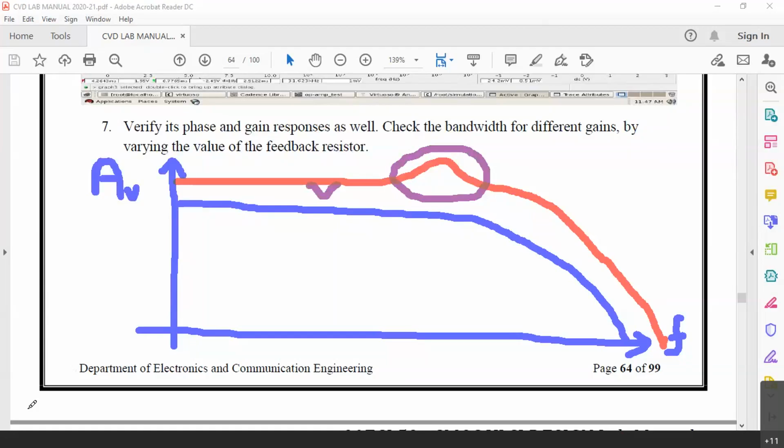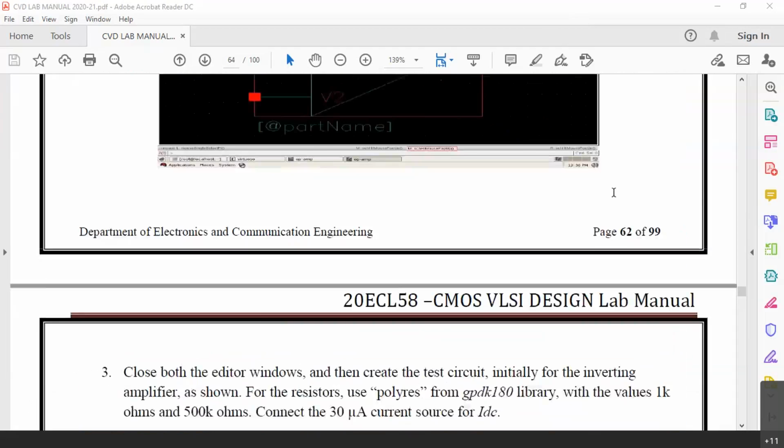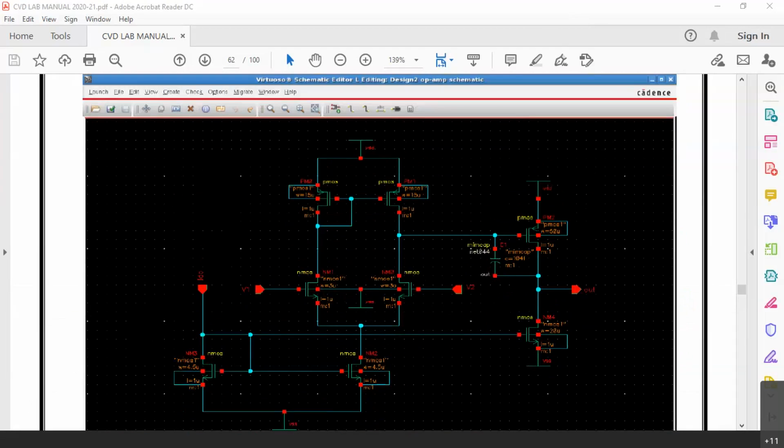Here what we are doing, we are connecting the external capacitor between output and input for reducing the gain, for providing negative feedback. To honor Miller, we are calling this capacitance also as Miller capacitance, even though this capacitance is not internal, it is external.